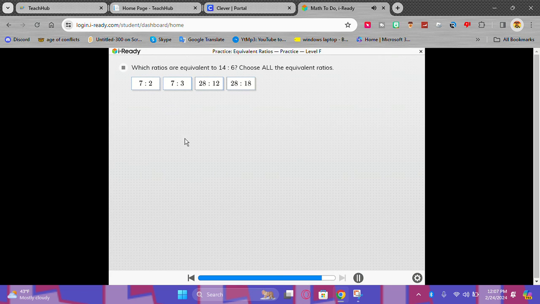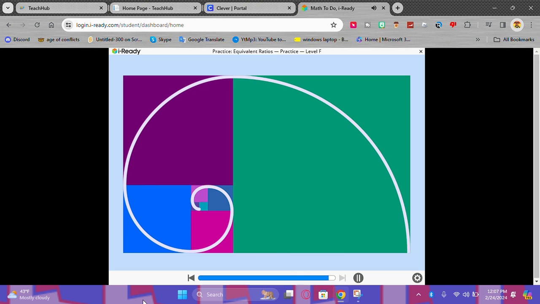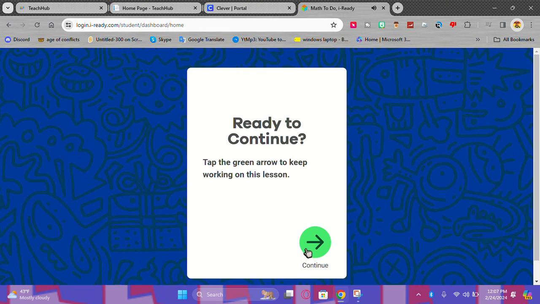Which ratios are equivalent to 24 to 4? Choose all the equivalent ratios. Which ratios are equivalent to 14 to 6? Choose all the equivalent ratios.